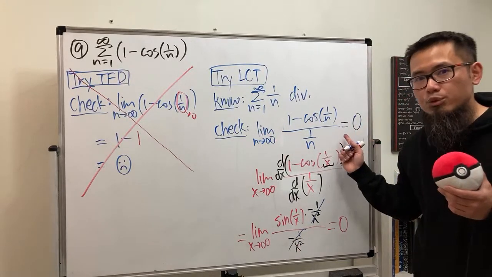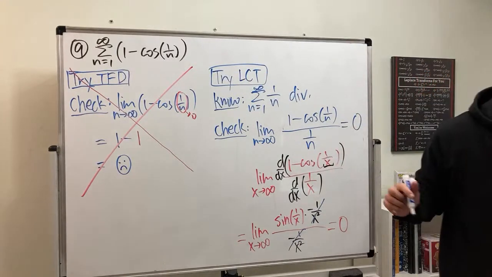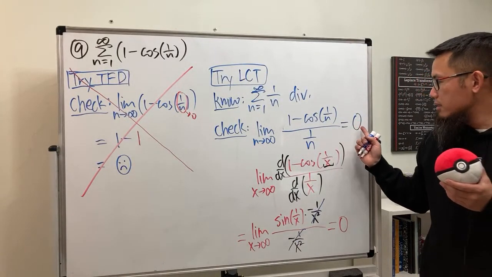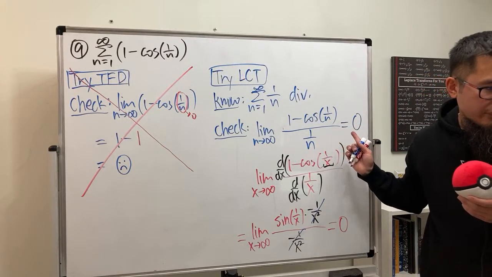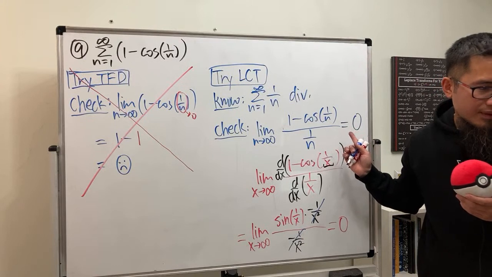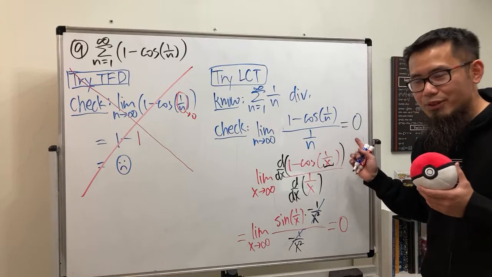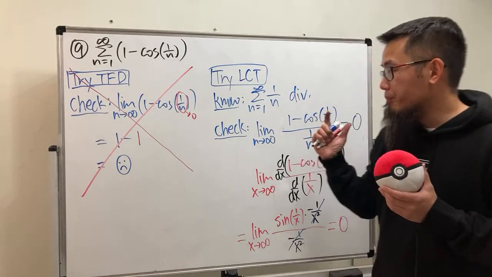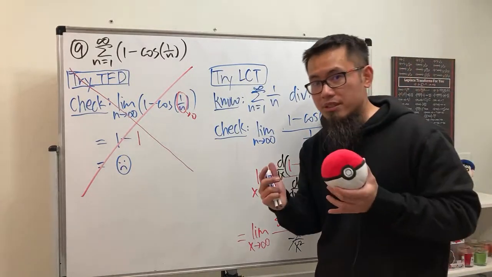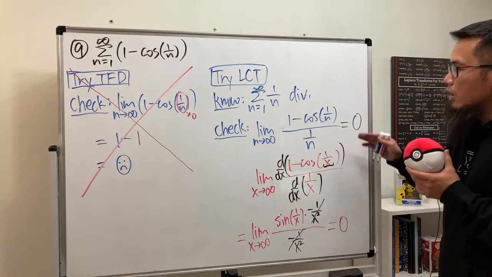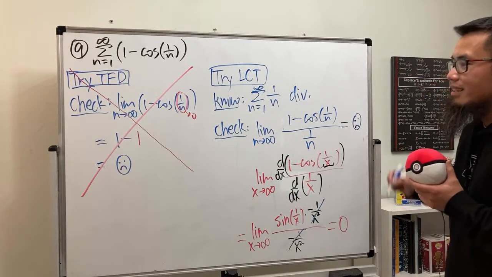Now, does this 0 do us any good in the limit comparison test? Well, remember, for the limit comparison test, especially the version that I present in the class, if you end up with 0, no, it doesn't do us any good.